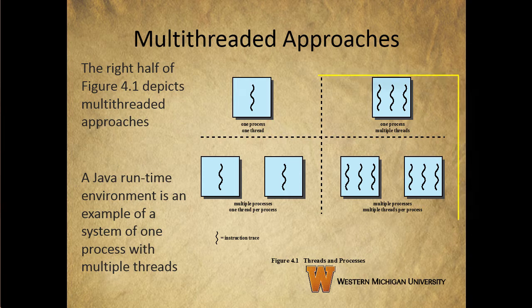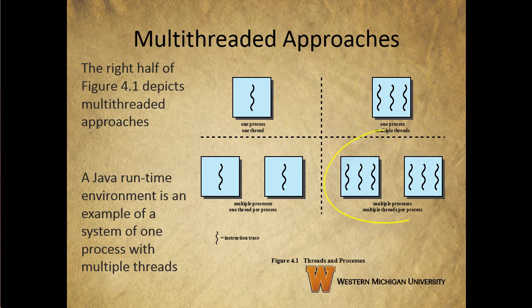Let's contrast that with what we see on the right-hand side of this diagram, or multi-threaded approaches. Now, a Java runtime environment, as well as Windows, Solaris, many modern versions of Unix, among various others, are examples of operating systems that implement this kind of approach. So basically just what we have here is one process can have multiple threads of execution within that single process.